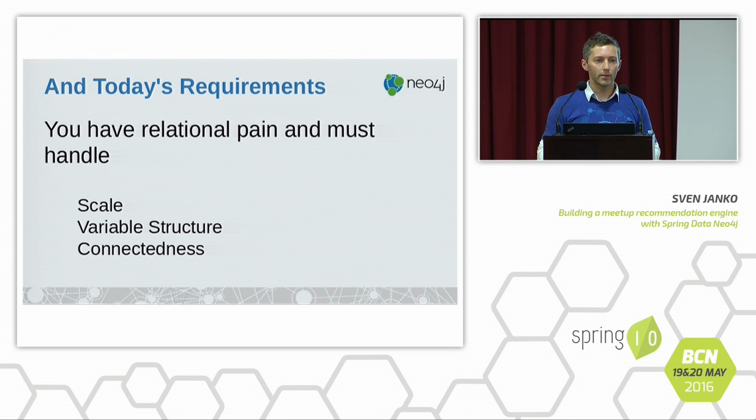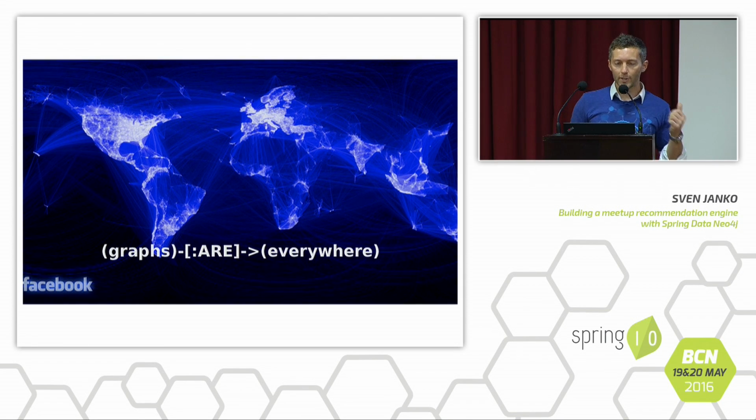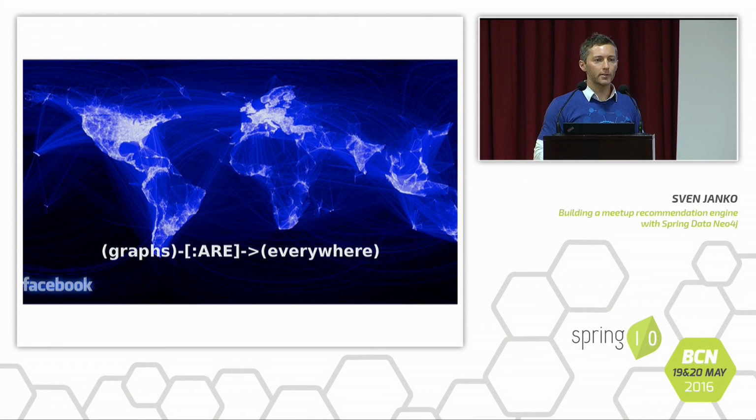In fact, there is almost no use case where you have data which is not connected to some other data. So that's a picture of Facebook, and it just shows you that the whole world is actually connected, and that's why we also need a way to store connected data.